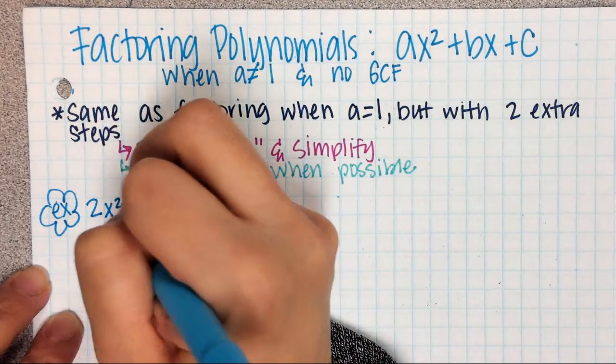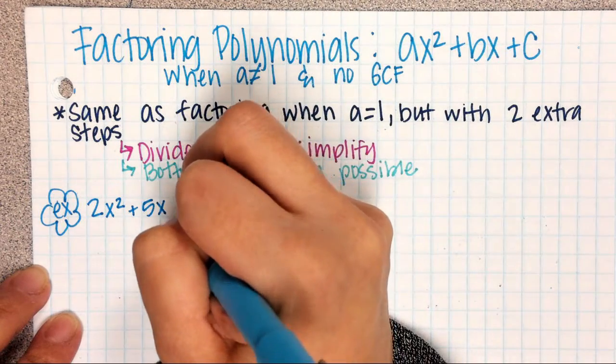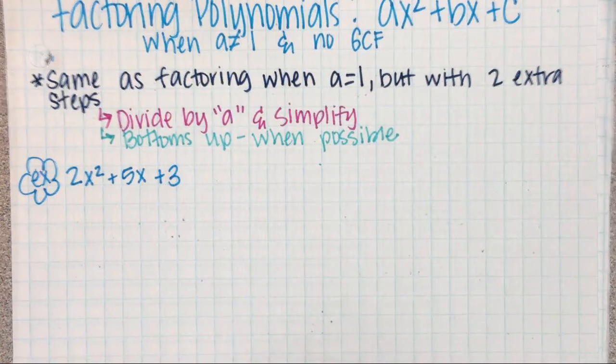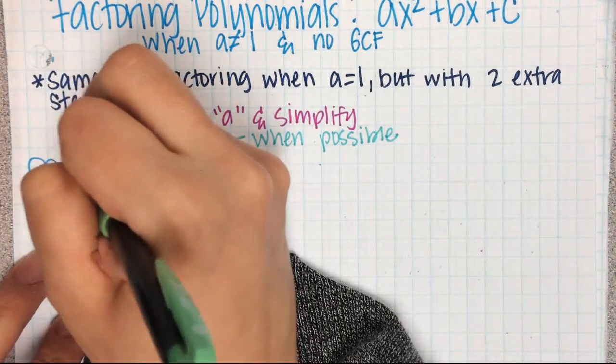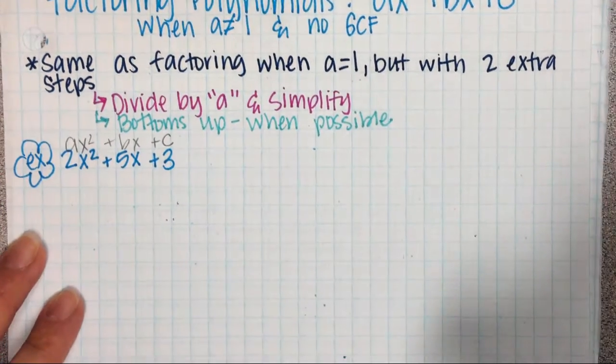So 2x squared plus 5x plus 3. So this is in the form of ax squared plus bx plus c. So we're going to start by identifying our ABCs.